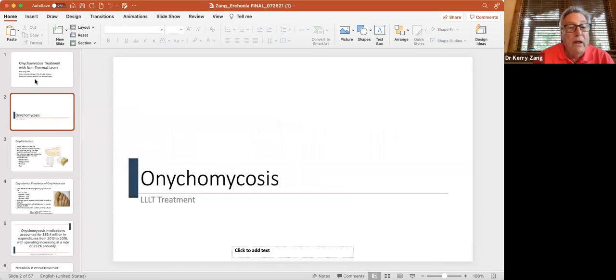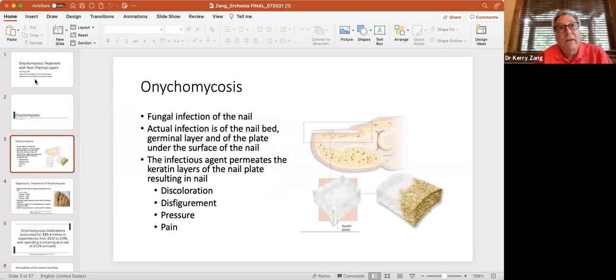Low-level laser therapy is cold laser, in wavelengths that are 650 or lower. The hot lasers are wavelengths of 800 and higher. The Pinpoint laser's wavelength was around 1200. The main issue that we have, everybody knows, is the fungal infection of the nail. The infection is in the nail bed, the germinal layer, and the nail plate under the surface, and this is where the problem comes in.